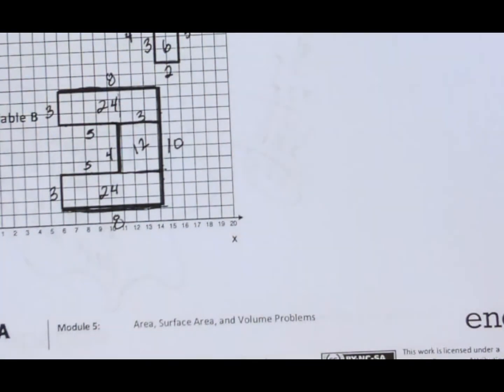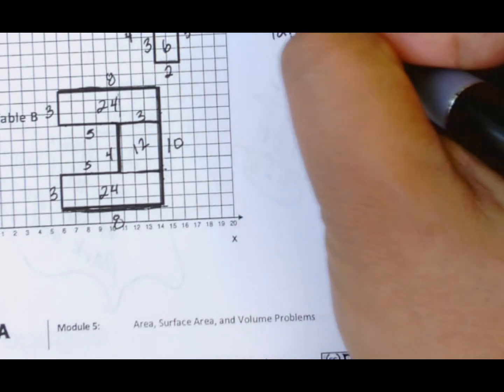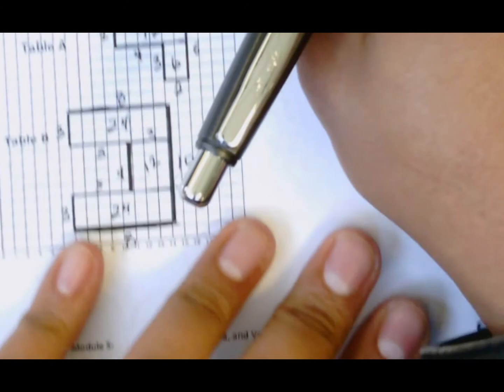Next question. If Maria needs to choose the one with the greatest perimeter, which one should she choose? Justify your answer with evidence using coordinates to determine the side lengths. Well, what's the perimeter for table A? Yeah? That's a perimeter?